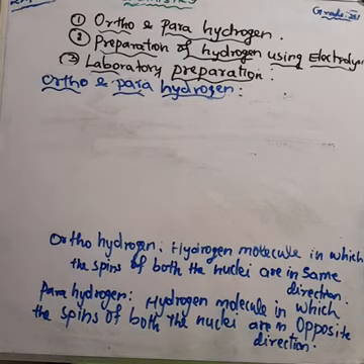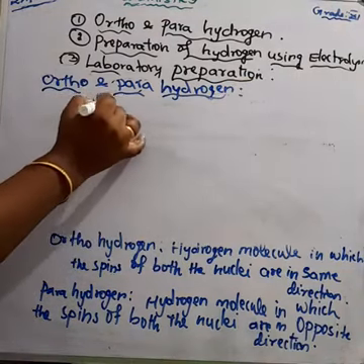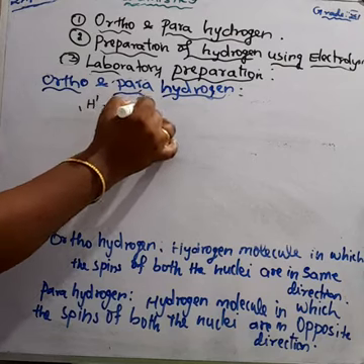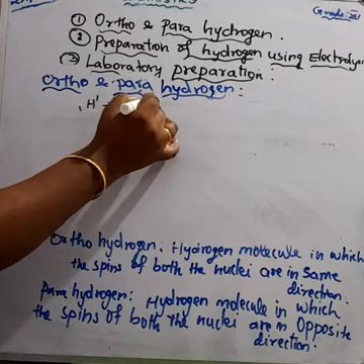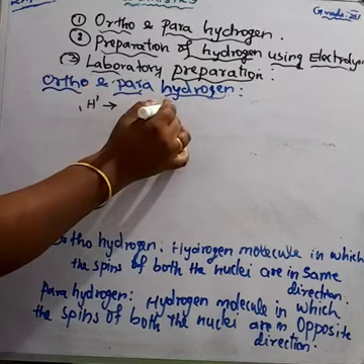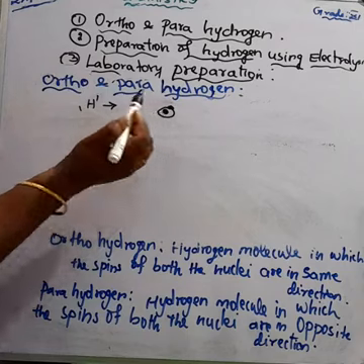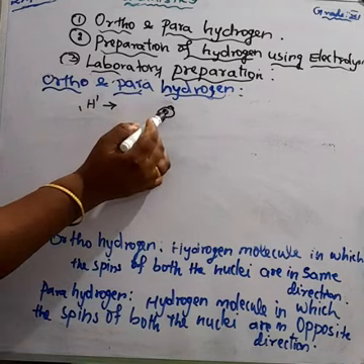Okay, listen. The hydrogen atom consists of a proton around which one electron revolves. We know about that. Hydrogen means one proton and one electron. This is the nucleus of the hydrogen atom. One proton and one electron.